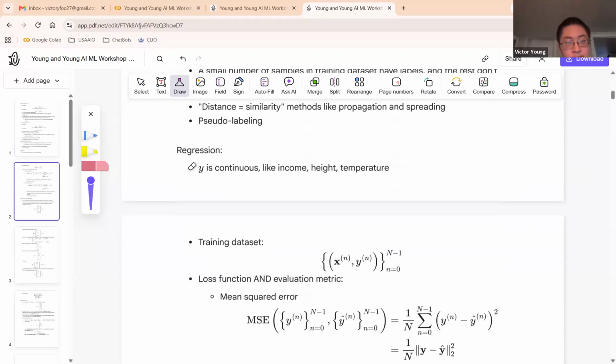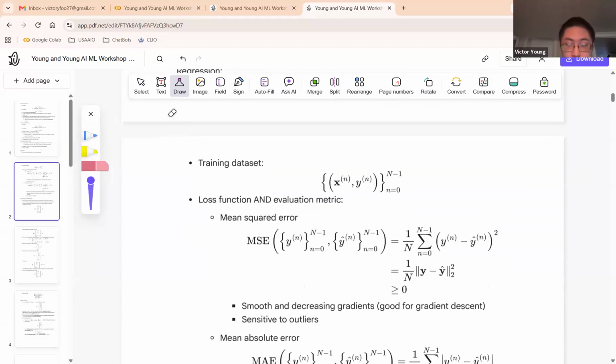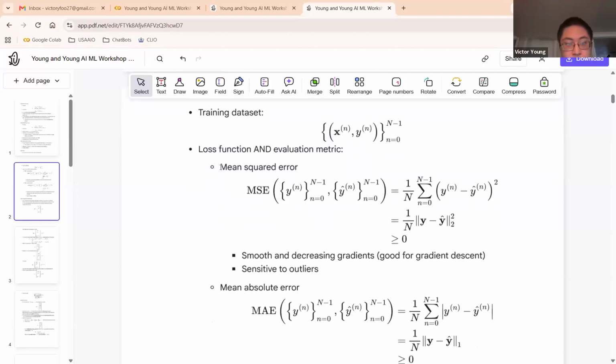We also talked about regression, and the most basic regression is linear regression. For linear regression, of course, we have said that it uses mean squared error. That's basically the mean squared difference between predicted and actual. So it makes a lot of sense.